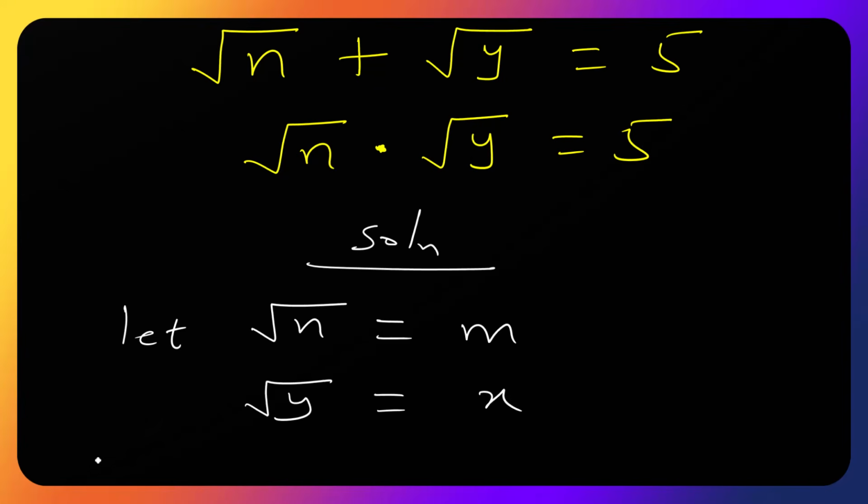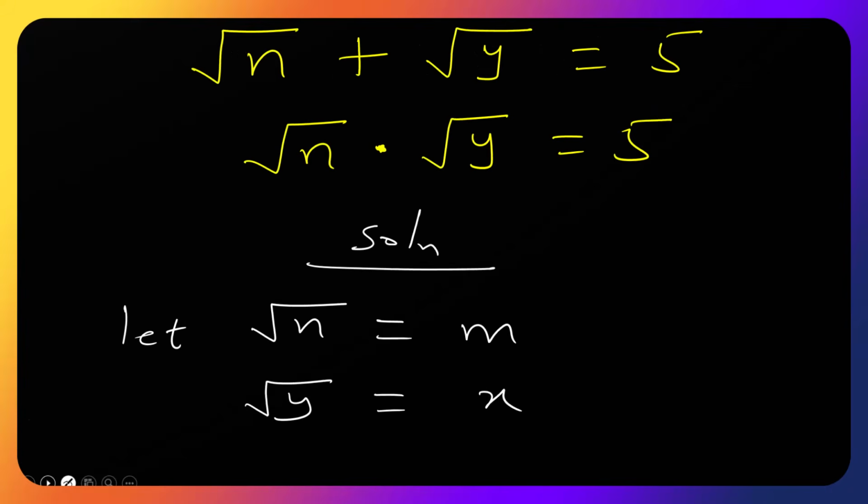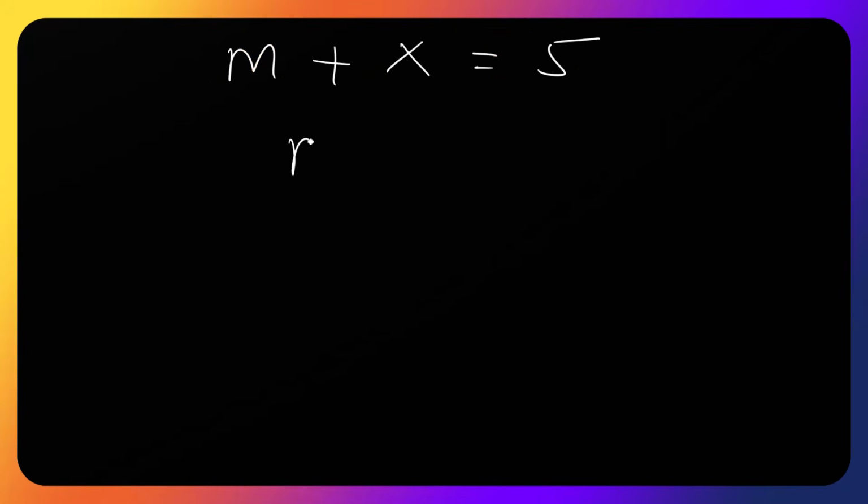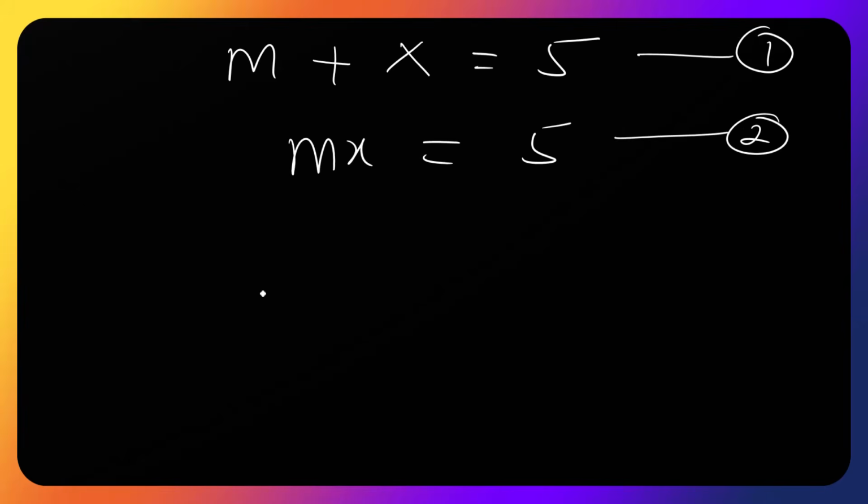So from here, I have m plus x equals 5, and then mx equals 5. Let's label this one as equation 1 and this one as equation 2.